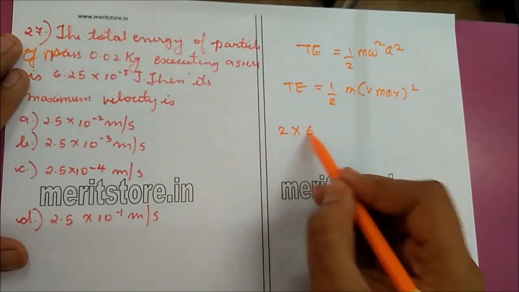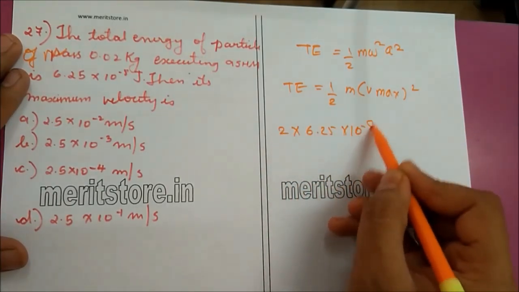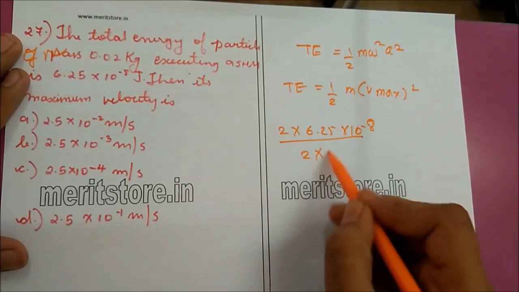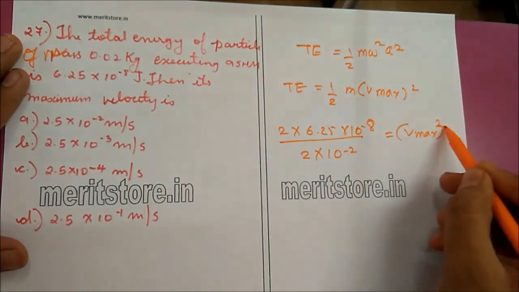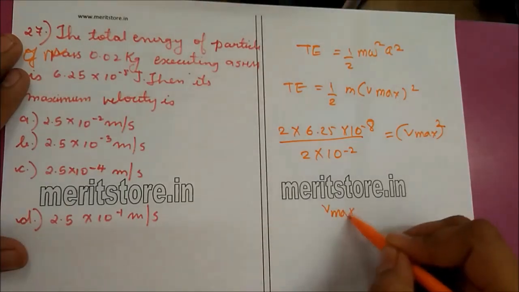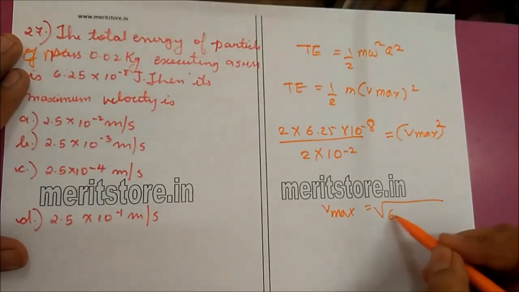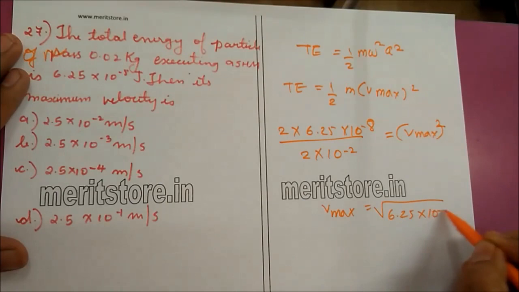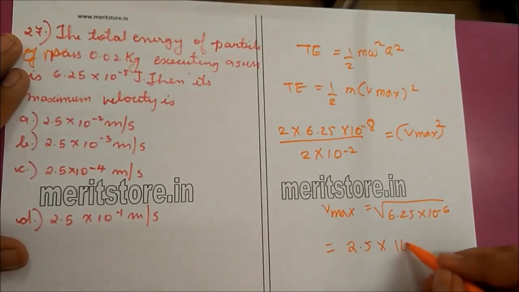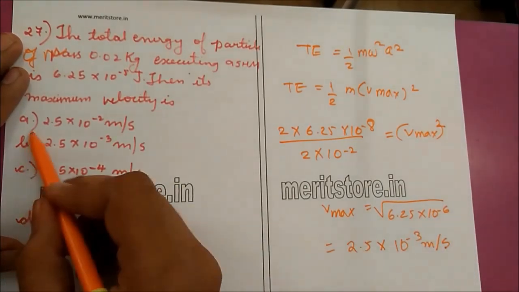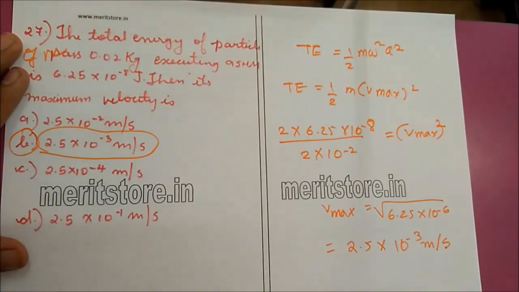So 2 into 6.25 into 10 raised to minus 8 upon 2 into 10 raised to minus 2 is equal to V max the whole square. So V max is equal to square root of 6.25 into 10 raised to minus 6, which is equal to 2.5 into 10 raised to minus 3 meter per second. So option B, 2.5 into 10 raised to minus 3 meter per second is the correct answer.